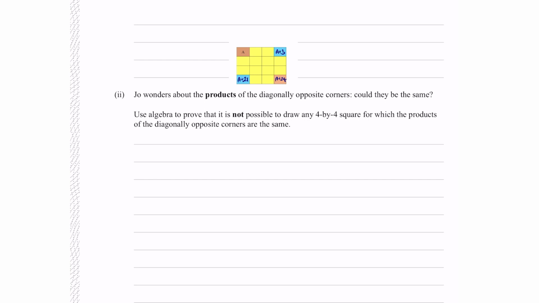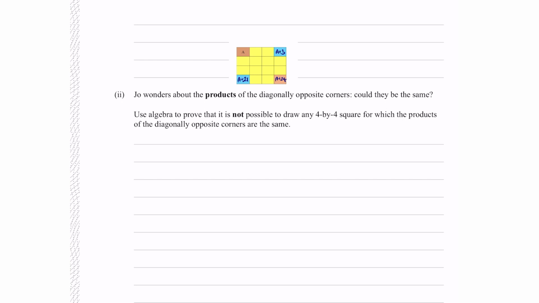That is, if we get to a contradiction, we can say that the product of the orange corners is not the same as the product of the blue corners, is what we're trying to show. Okay, so how are we going to show this?